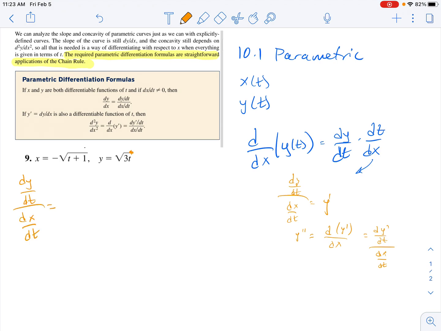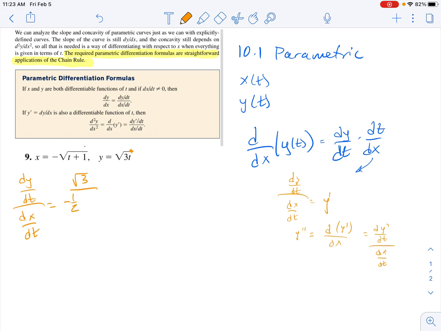The first derivative is going to be the square root of 3 over dx/dt. We have the negative, we bring down the 1/2, so we have negative 1/2 of t plus 1 to the negative 1/2. Then the chain rule would just be times 1 for the derivative of the t, so we don't need any chain rule action here.